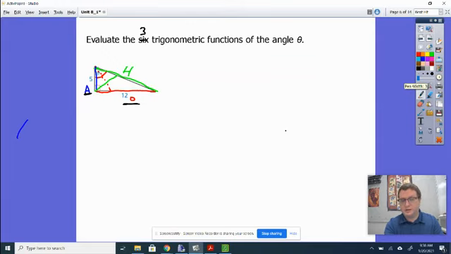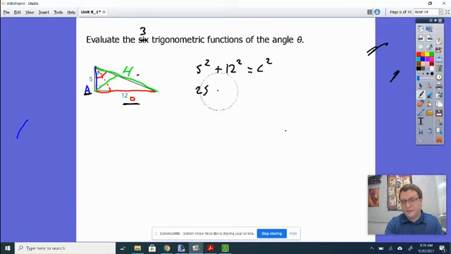I need to find that hypotenuse, so we're going to do the Pythagorean theorem. So 5 squared plus 12 squared equals c squared.